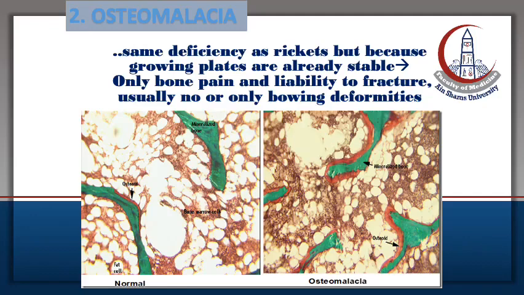Regarding osteomalacia, it has the same defect of mineralization of osteoid, but already the growing plates are stable.